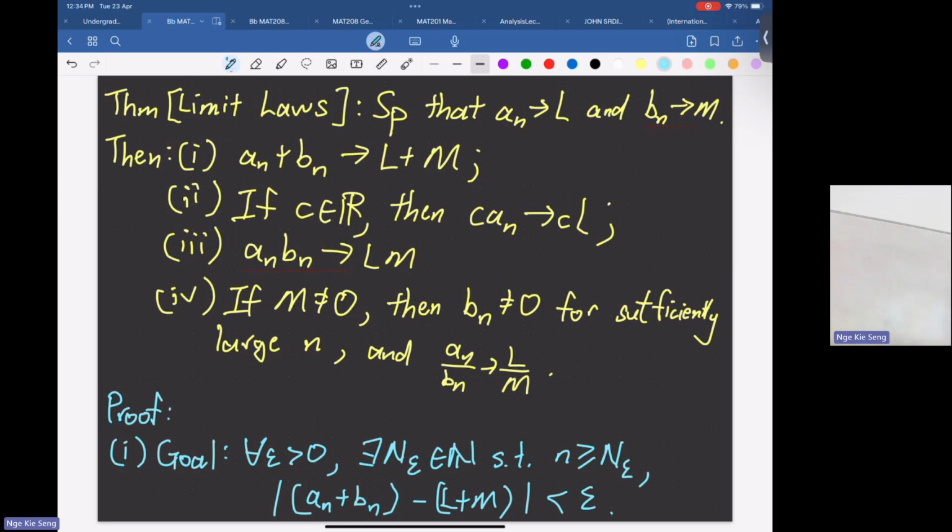So how to prove this kind of statement? Universal quantifier. And how to prove this? Start with any epsilon.